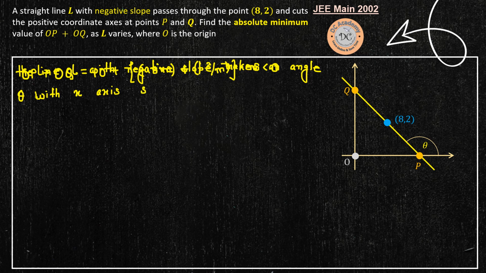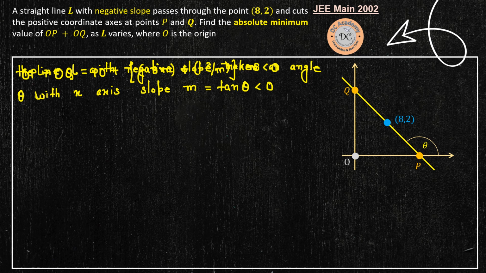So therefore the slope, if I consider it as m, is equal to tan theta, and tan theta will be less than 0 here. That's the slope, right? Because what is the definition of a slope? Slope means it's the tan of an angle, but the angle the line makes with the positive direction of the x-axis. We all know that.